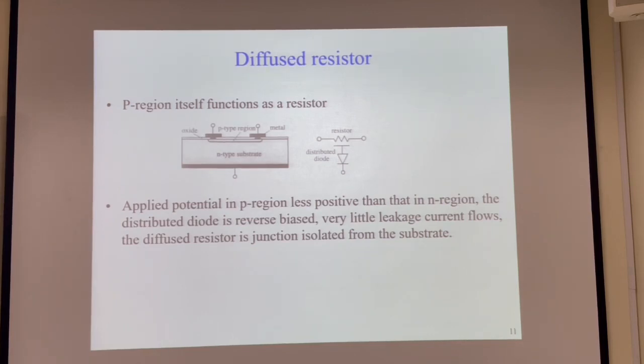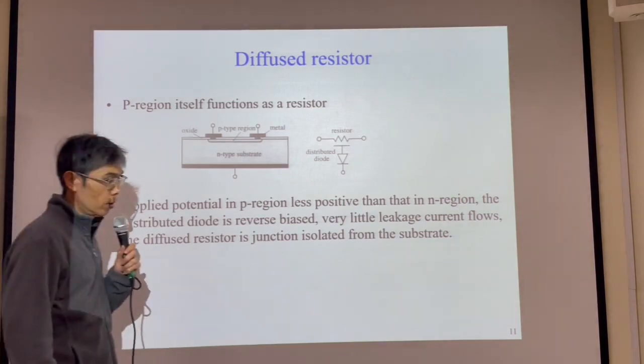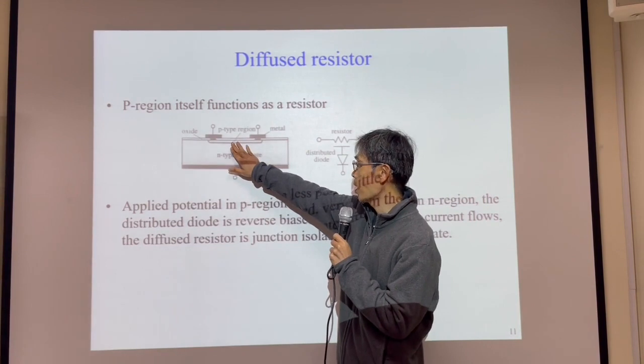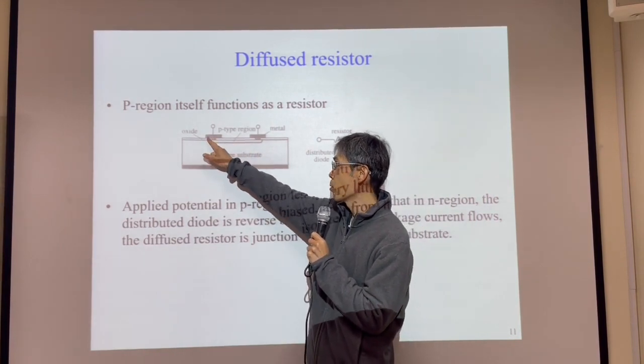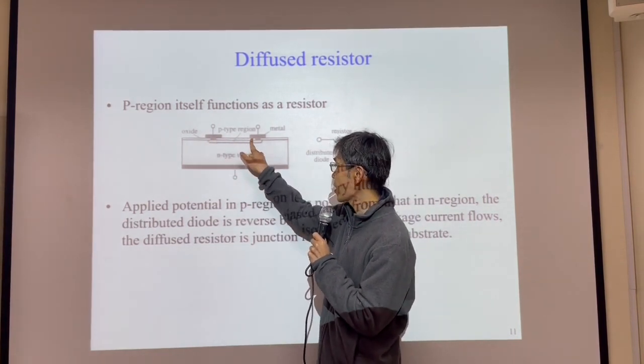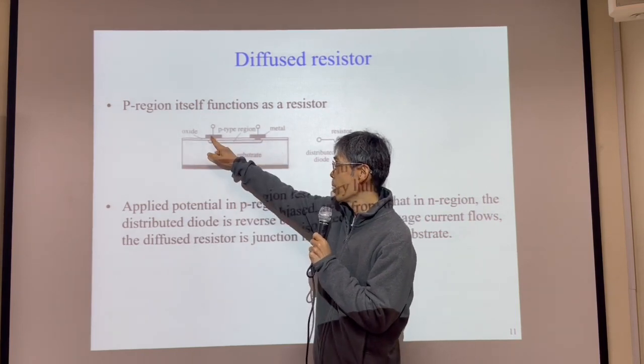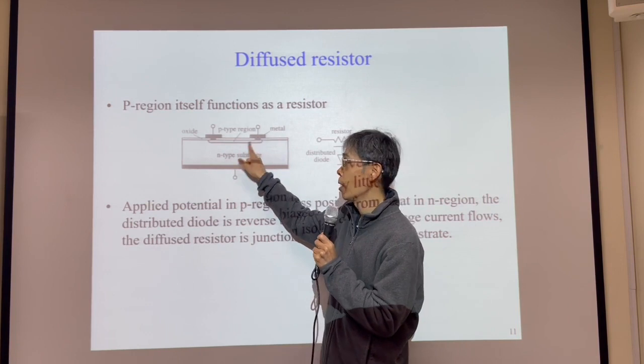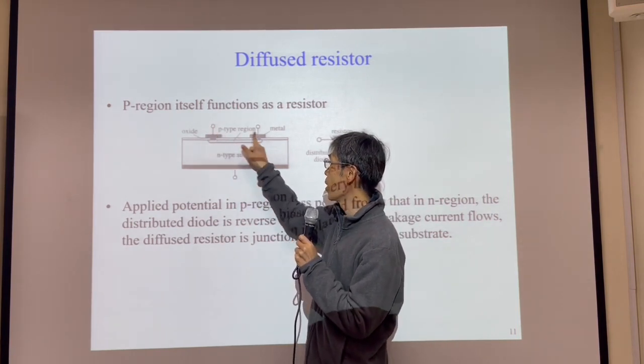Okay, so this one. Could you read the first? The P region diffused functions as a resistor. Okay. So again, N-type substrate, P-type region. Now we have oxide here, oxide here, metal, metal. So we have two contact pads, this one and this one.